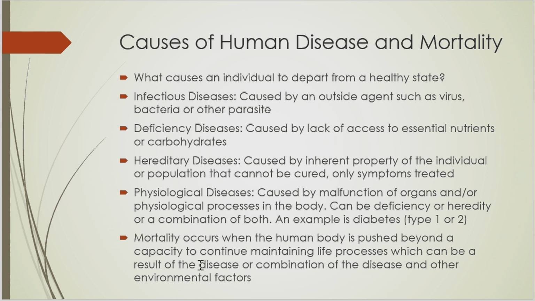Death occurs when a human body is pushed beyond a capacity to continue maintaining the life processes, and this can be the result of a disease or combination of diseases or some other environmental factor. Okay? So these diseases, when they're extreme enough, they can cause death, but they don't always cause death.